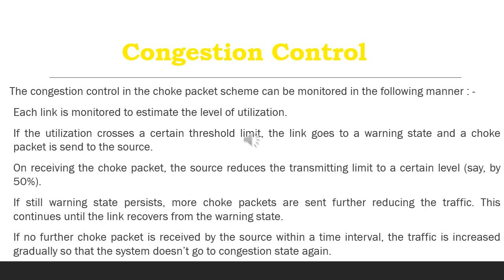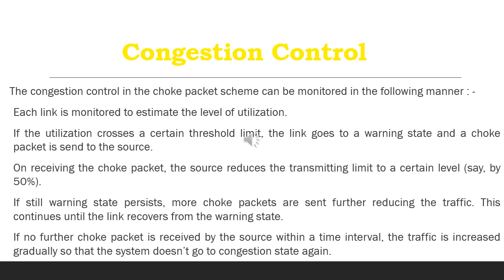The congestion control in the choke packet scheme can be monitored in the following manner. Each link is monitored to estimate the level of utilization. If the utilization crosses a certain threshold limit, the link goes to a warning state and a choke packet is sent to the source. On receiving the choke packet, the source reduces the transmitting limit to a certain level, say by 50%.